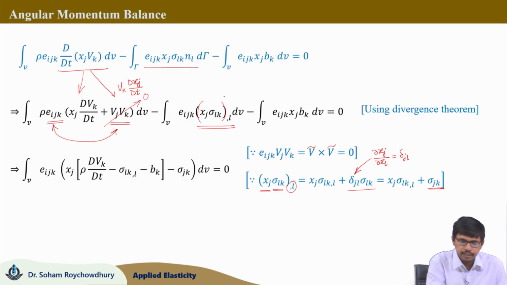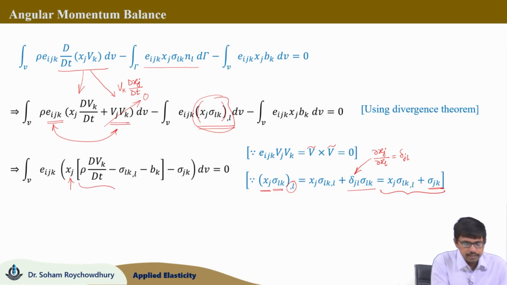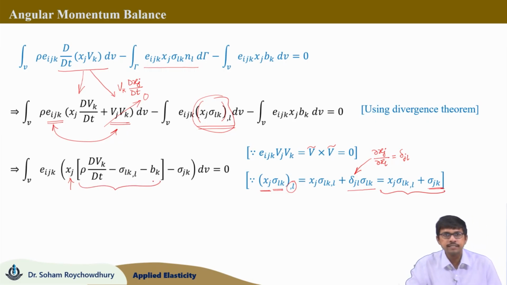So, this particular term x_j σ_lk comma l is replaced with this, and combining all the terms which have one x_j common, we have these three terms. So, x_j times ρ dv_k/dt minus σ_lk comma l minus B_k, this minus σ_jk, then the entire thing multiplied with the permutation symbol ε_ijk, volume integral over dV equals 0.